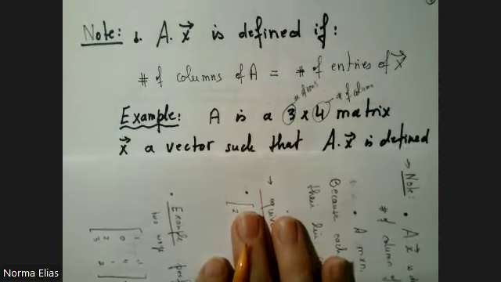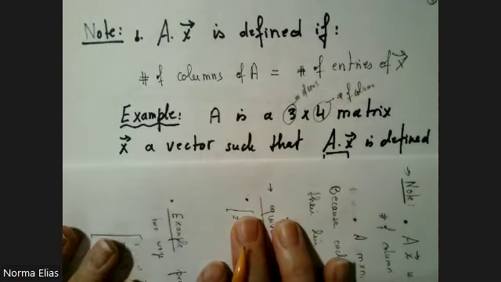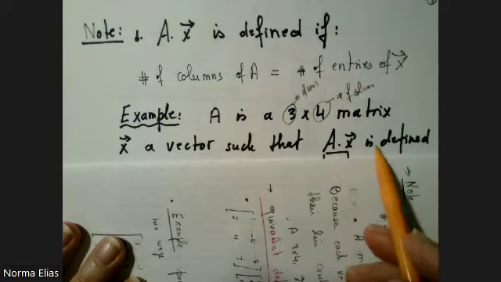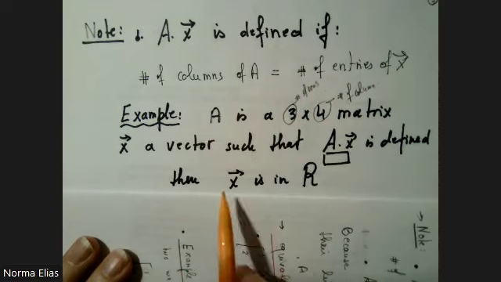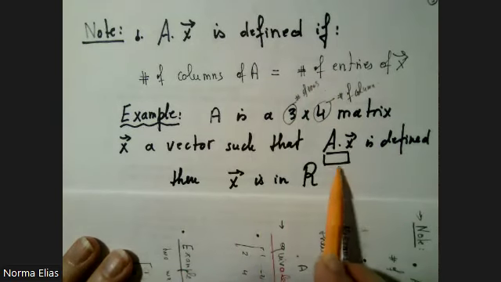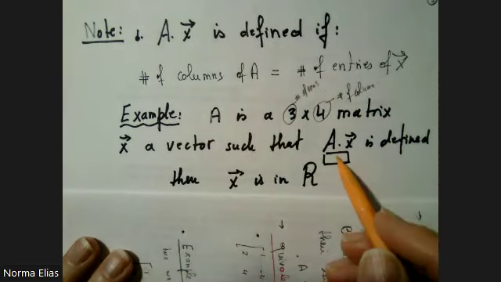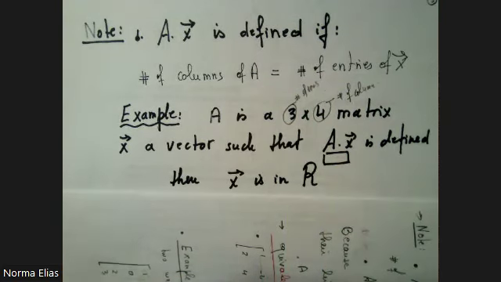A is a 3 by 4 matrix, and X is a vector such that A times X is defined. My question is, then X is in R what? What should be the number that I have to put here for everything to make sense?